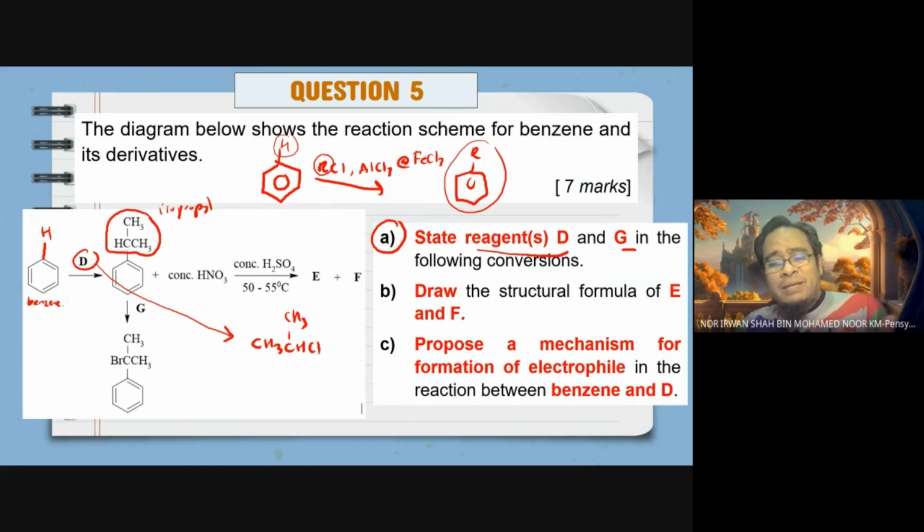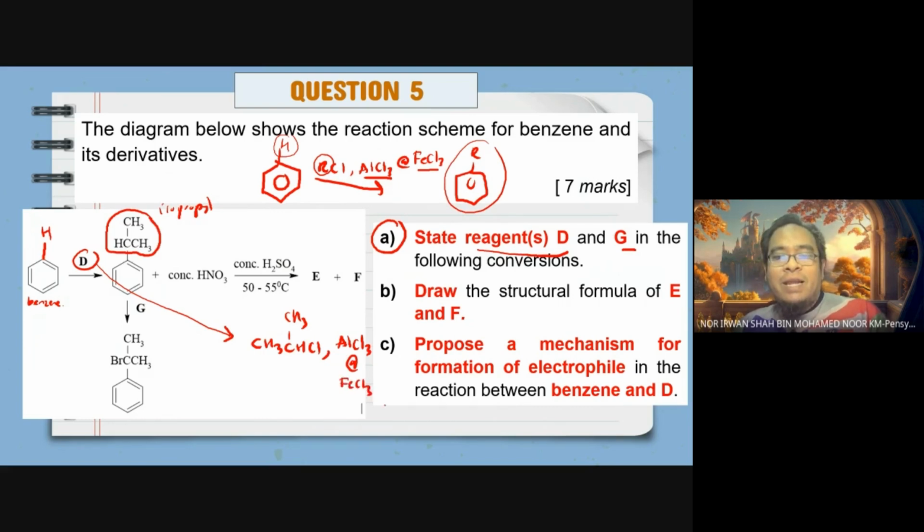Sebab apa? Kita perlukan apa lagi? Ni, AlCl3 ataupun FeCl3. Ingat tak apa function dia? Sebagai Lewis acid untuk polarizekan dia, ataupun kita katakan Lewis acid diperlukan dalam this reaction. Jadi bukan setakat isopropyl chloride saja, kita juga kena tambahkan Lewis acid, AlCl3 ataupun FeCl3 guys.